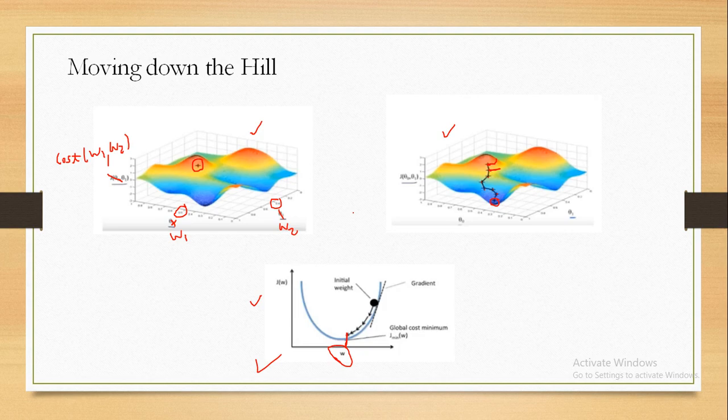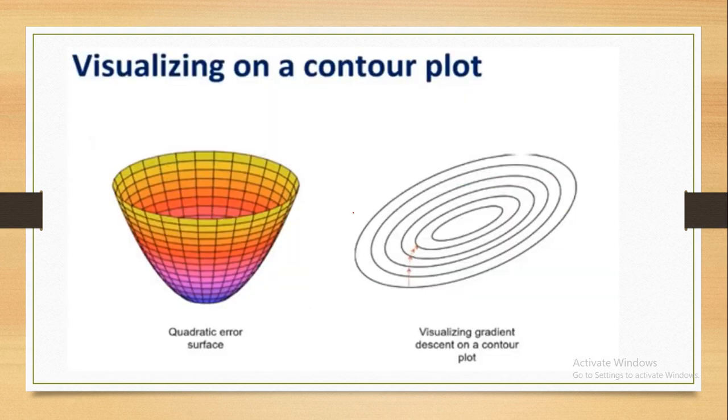Now that is something about the error surface and how to tune, how to choose the next weight. One thing we saw is that we choose the next, nearest values of W1 and W2 with the negative slope and try to minimize the cost value. Now this is the visualization on a contour plot.